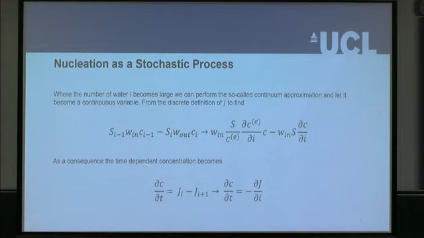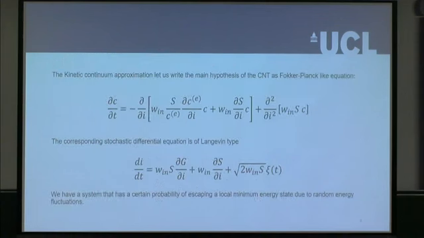This is called the kinetic continuum approximation of the problem, and it lets us take a continuum limit of these expressions. Putting those expressions together, we find a Fokker-Planck-like equation for the concentration of nuclei, if we regard C as a probability density function when suitably normalized.